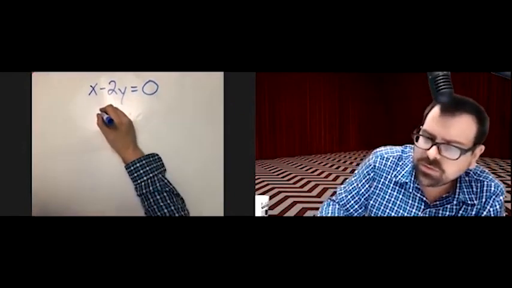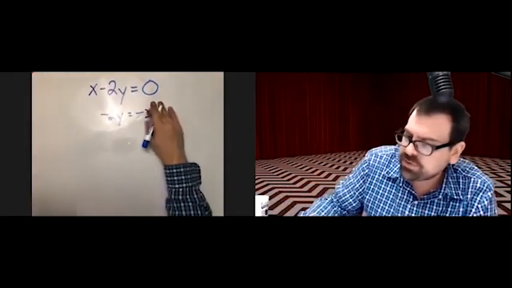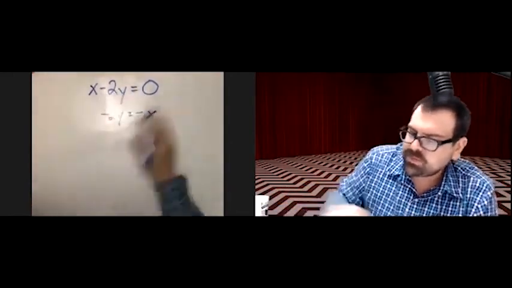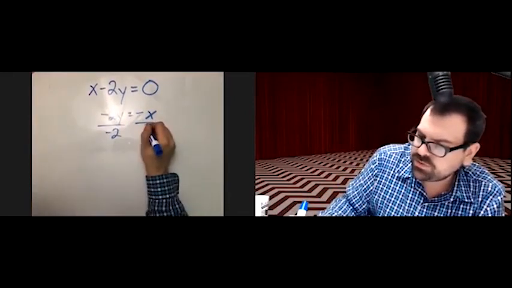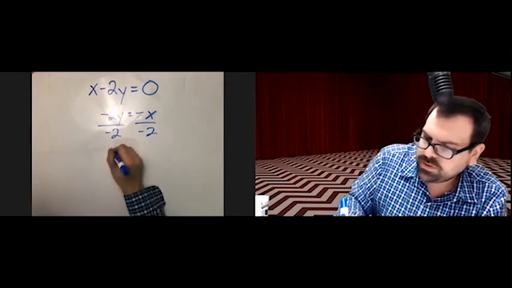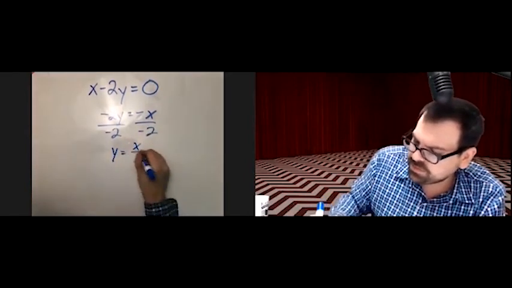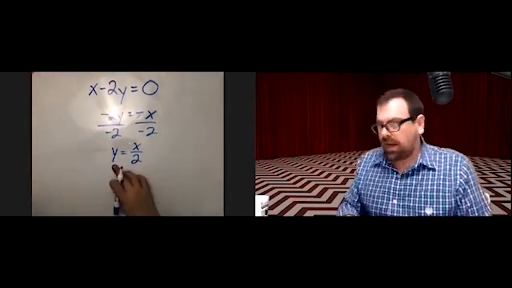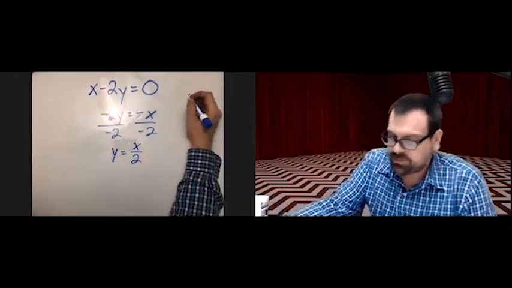If we solve this for y, subtract x from both sides, divide both sides by -2. Y equals negative divided by negative is positive. Y equals x over 2. So to get a y coordinate, all we have to do is take an x and divide it by 2.